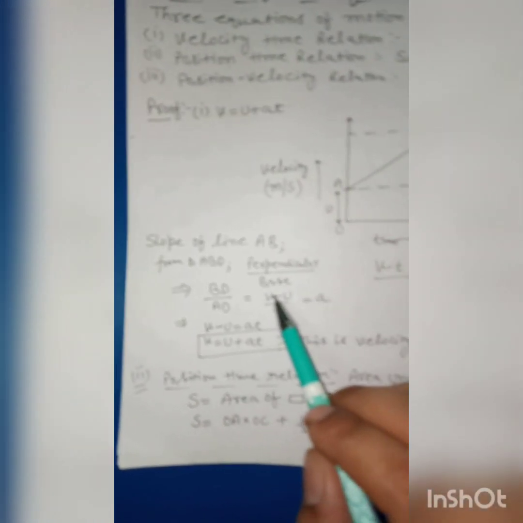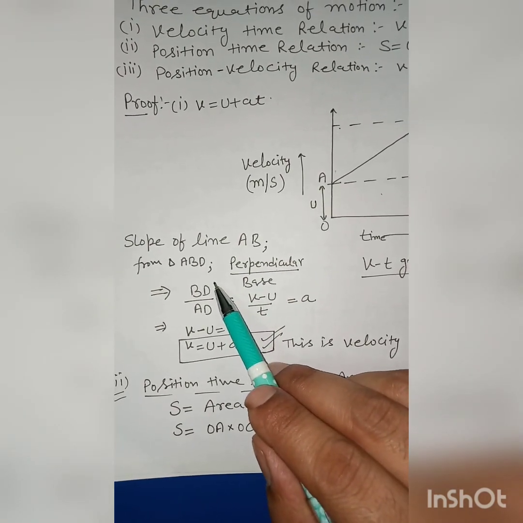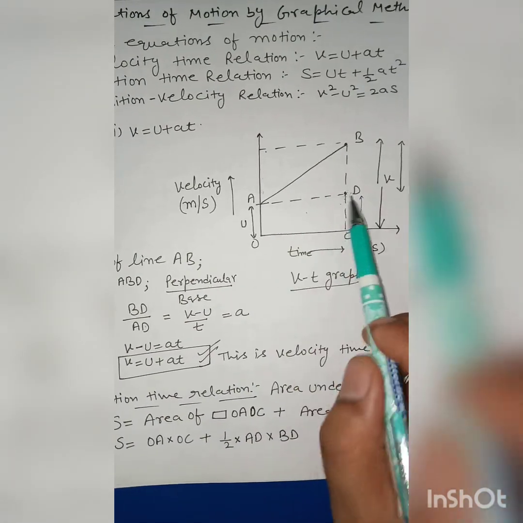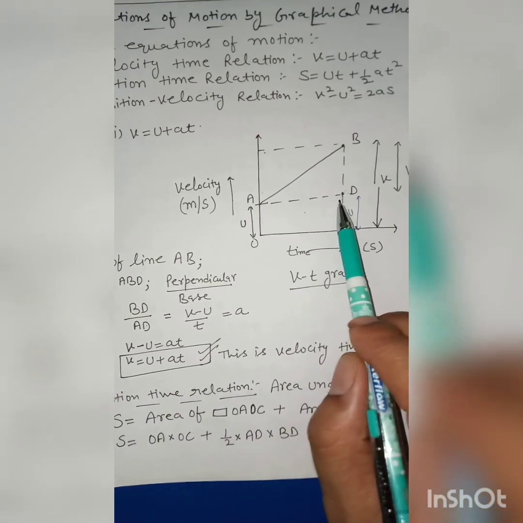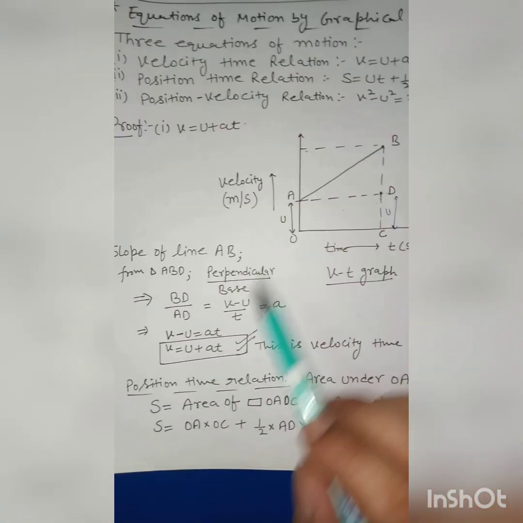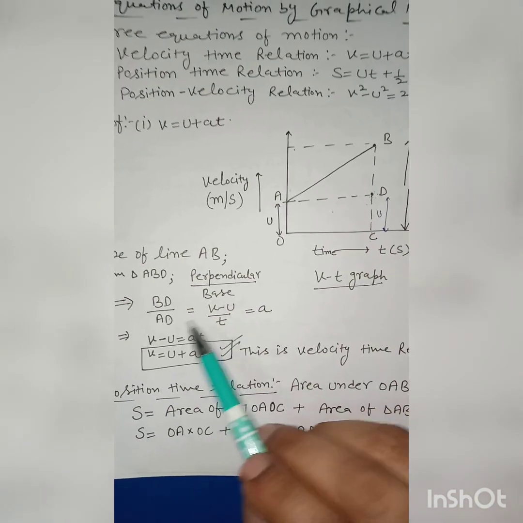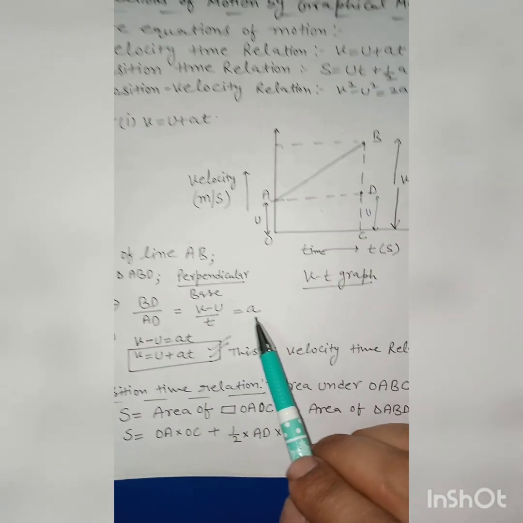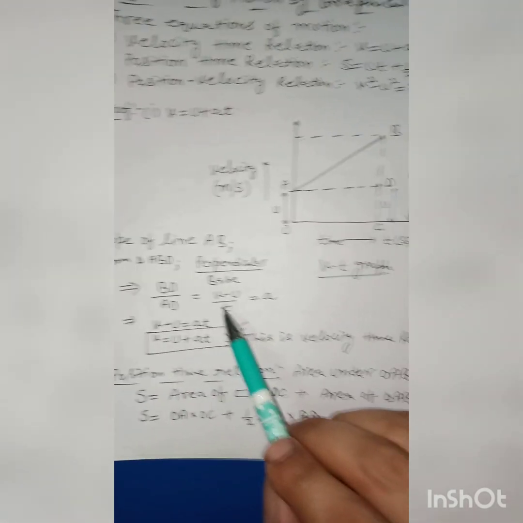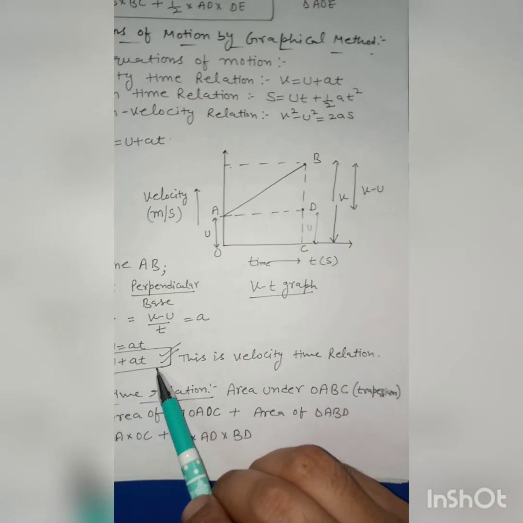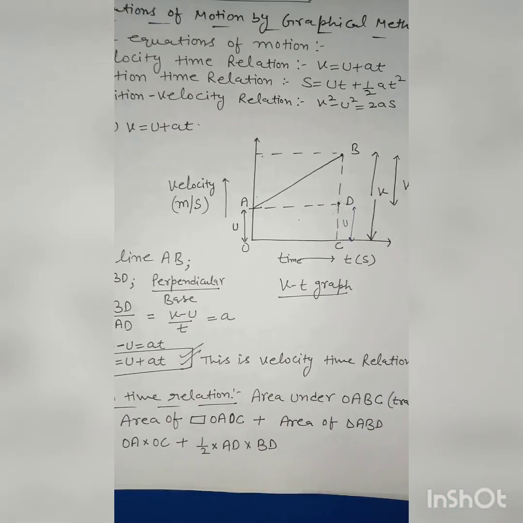Put this value of BD here: base AD is parallel to OC, OC is t, that means AD is also t. So BD over AD is (v minus u) upon t, equal to a. Now v minus u equals at, so v equals u plus at. This is the velocity time relation.